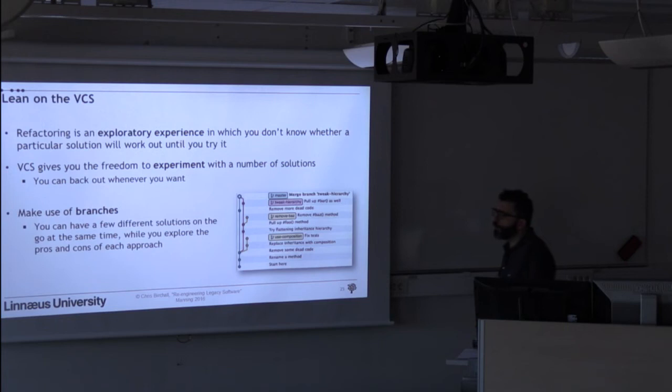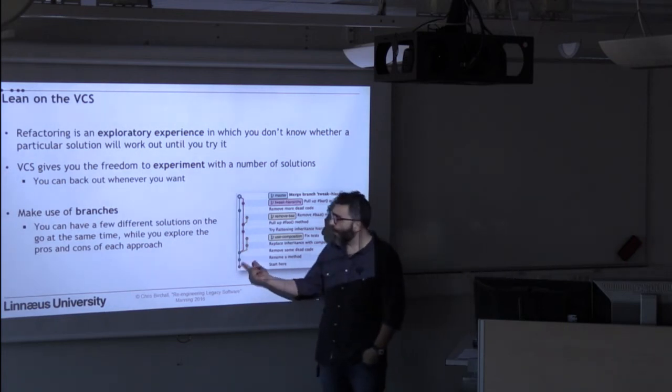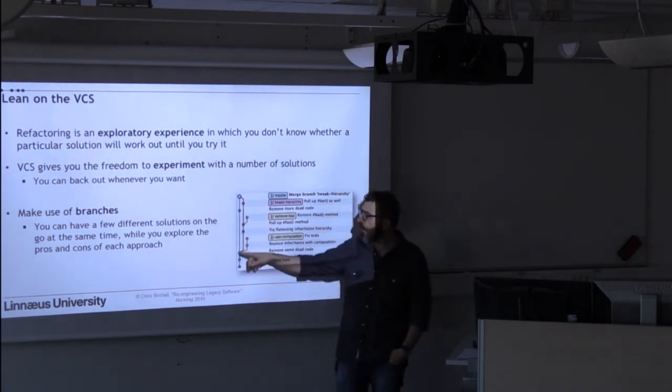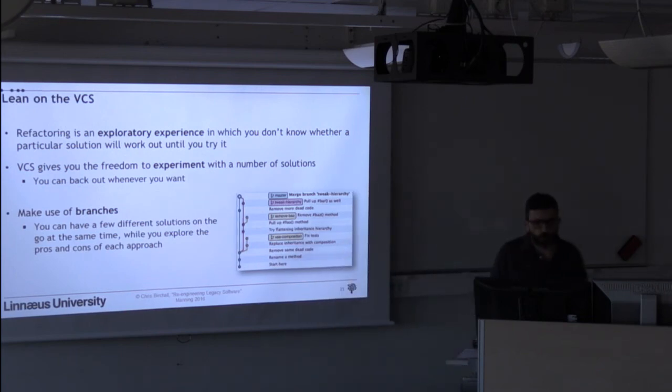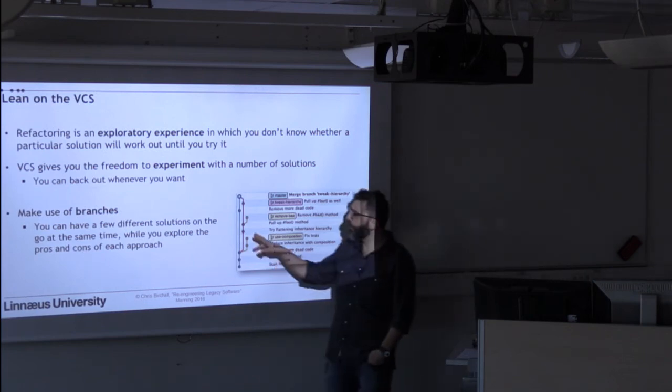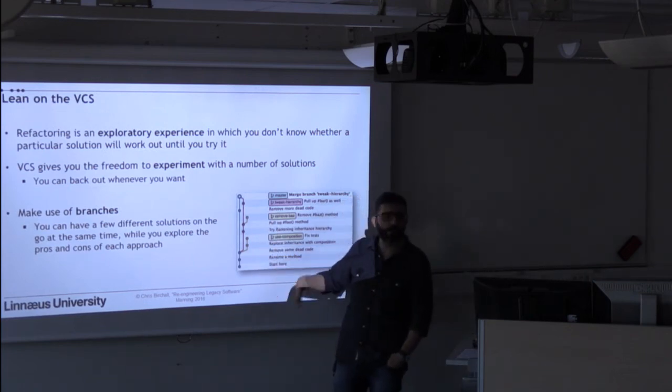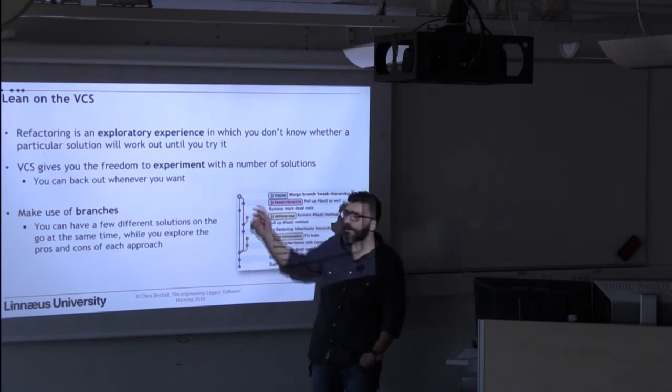This will allow you to make branches, for example, to try different solutions or alternatives at the same time. Some of them are very bad, and then you can throw them away. Some others are very good.